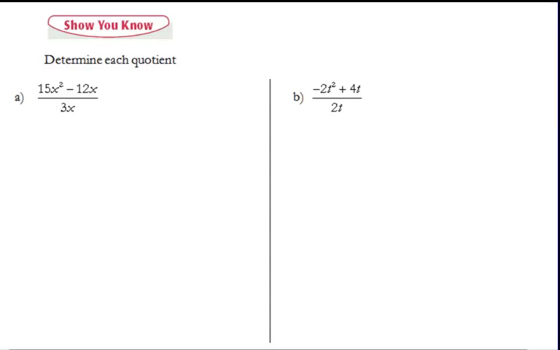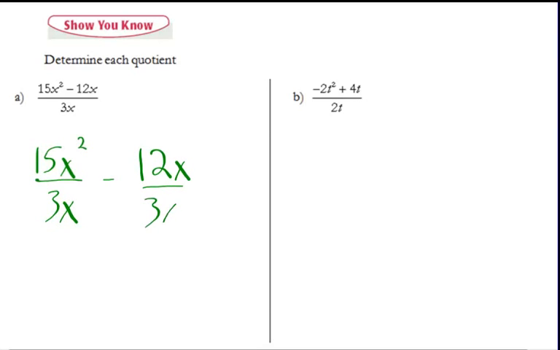All right, the first one here, if we're rewriting it, and I suggest those people that have a little bit of trouble with the reductions, rewrite them as separate fractions. It will help make it a little bit easier to see what's going on. So we have 15x squared over 3x minus 12x over 3x.